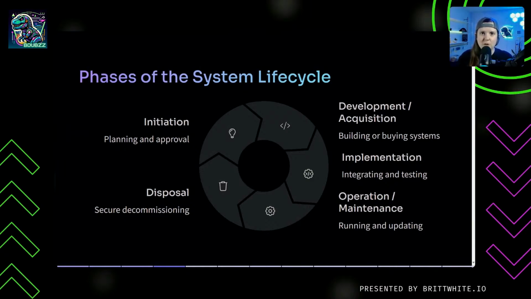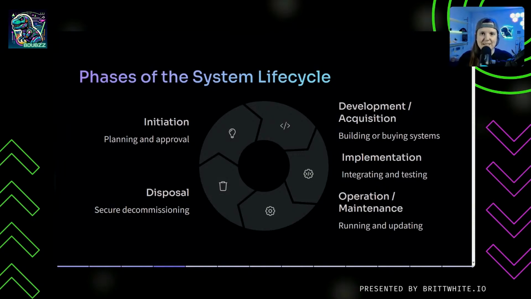Next comes development or acquisition, where you're designing and building or buying the system. Then we move to implementation, where we begin hooking it all up, testing and launching the system. Next is operation and maintenance, where we spend our time keeping it humming and secure. And finally, at disposal, we're shutting it all down the right way when we're done with it. Now we're going to walk through each one of these phases and see how security locks in.